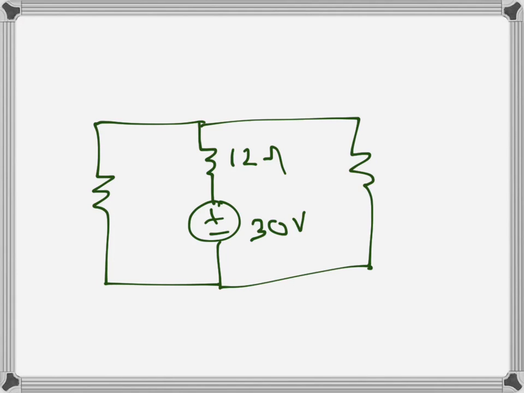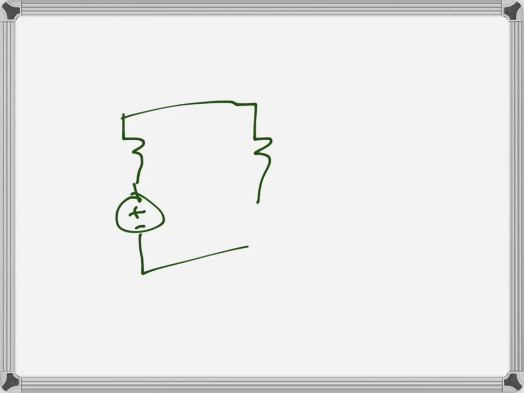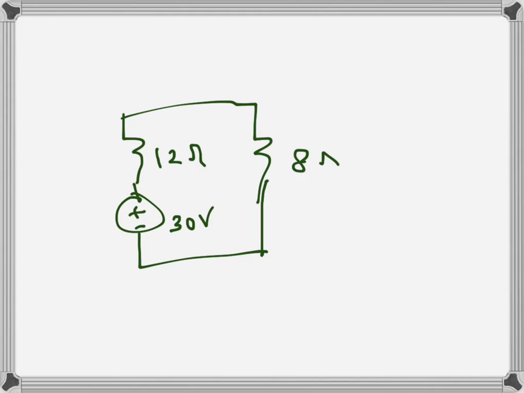Now these two are in parallel, so we get 40 times 10 divided by 40 plus 10, which is 8 ohms. So this circuit is now becoming like this: 30 volts, 8 ohms, 12 ohms.